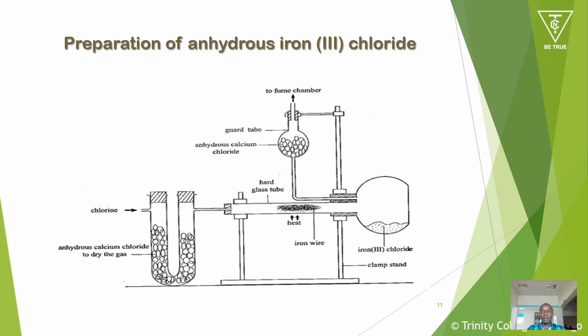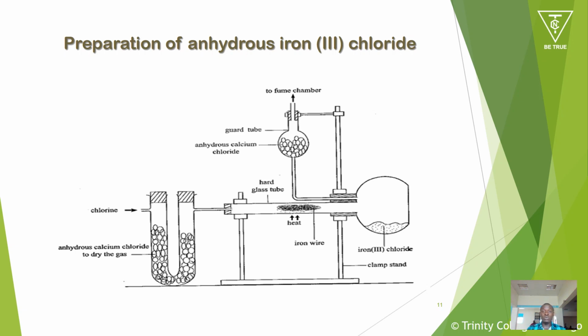to the atmosphere. But as we let out excess chlorine to the atmosphere, most likely air, which has water vapor, may enter into the vessel having our iron 3 chloride. And iron 3 chloride is highly deliquescent. It can easily absorb water from the air which is entering through the guard tube.